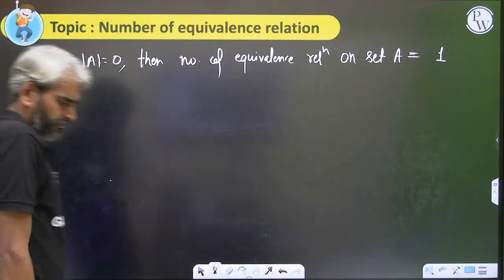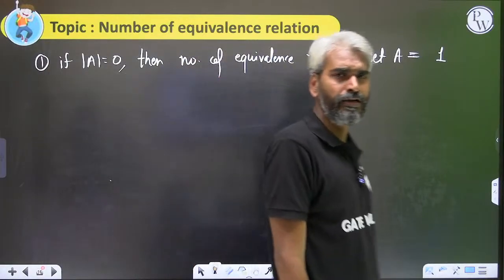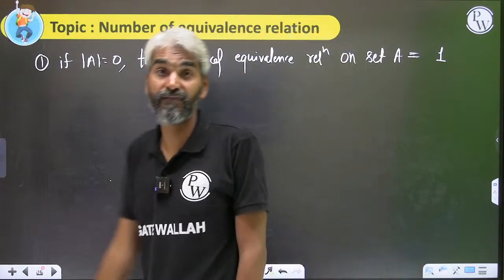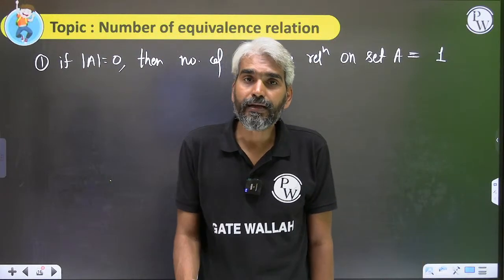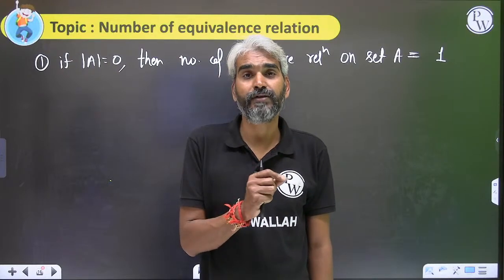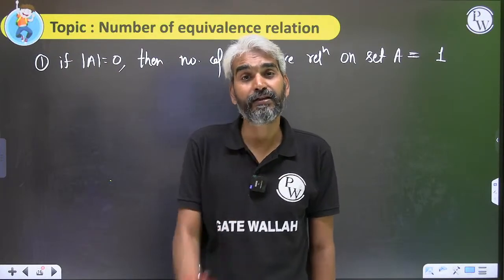Yeah, sir, is it possible for an empty relation to be reflexive? Yes, it is possible for an empty relation to be reflexive if and only if the set itself on which we are trying to find the equivalence relation is an empty set.